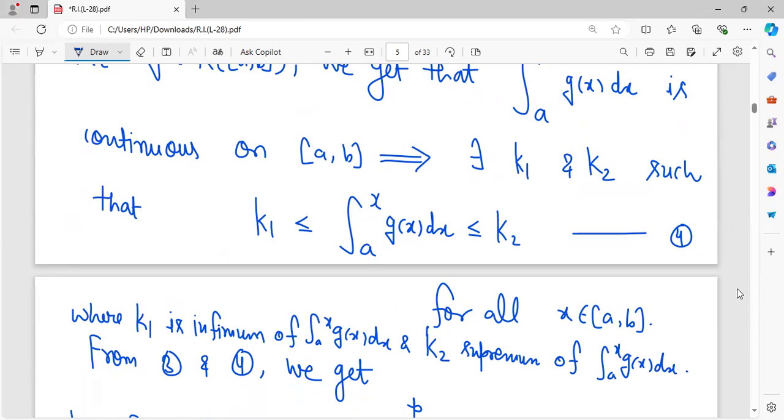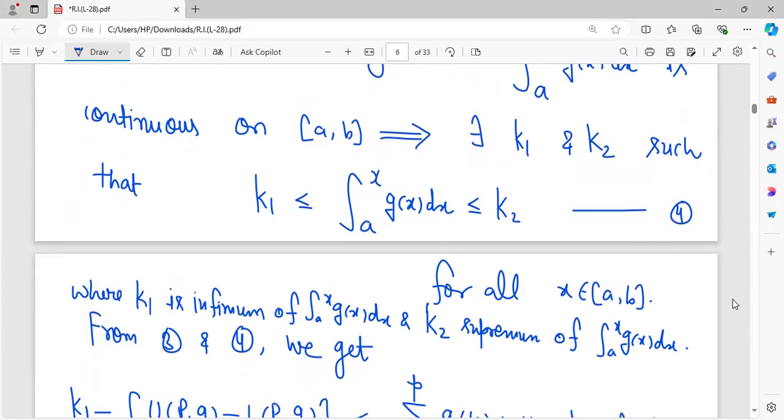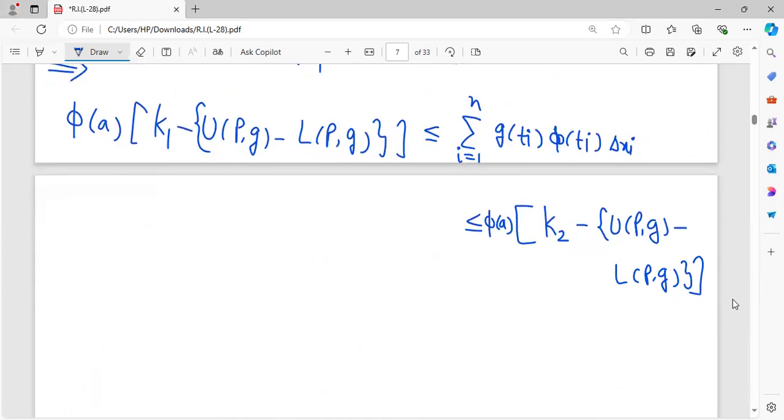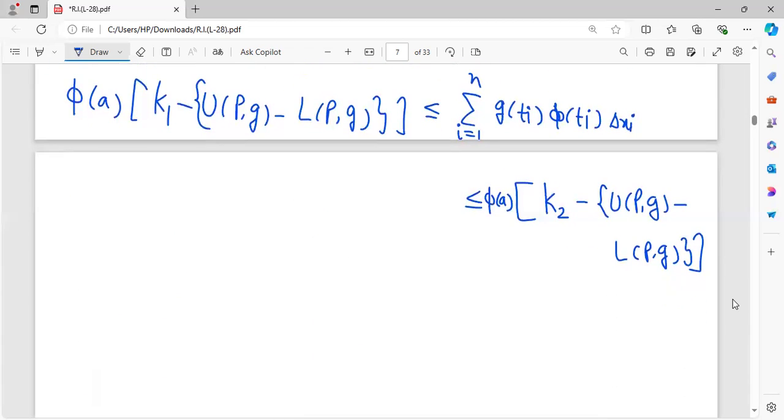So these are the infimum and supremum over the closed interval [a,b]. Let's call this equation number 5.